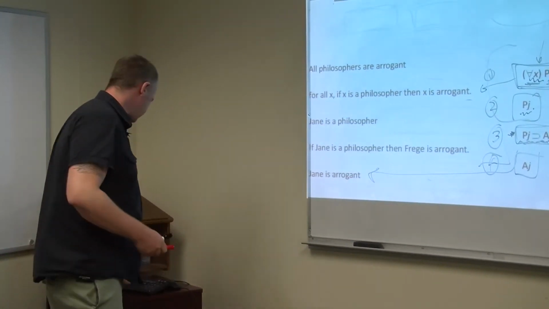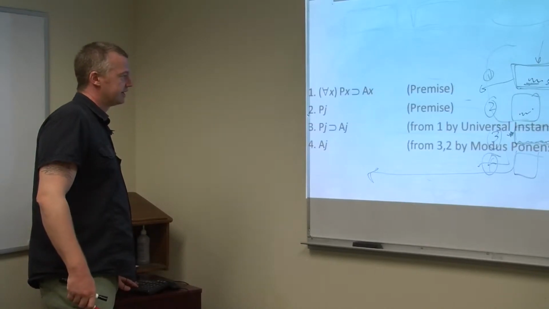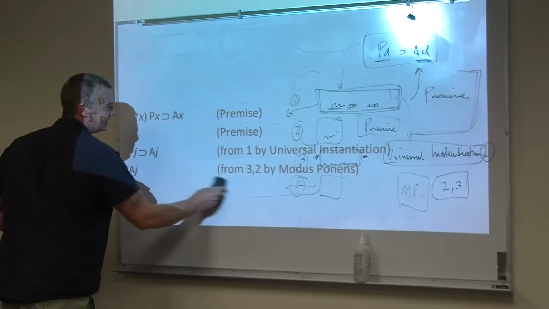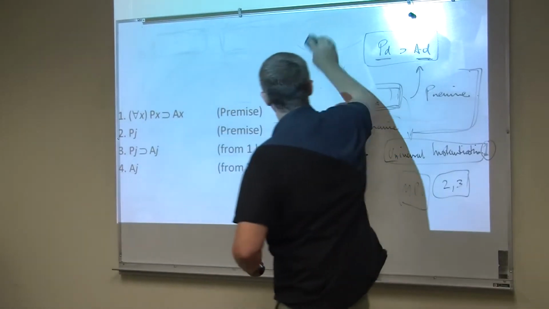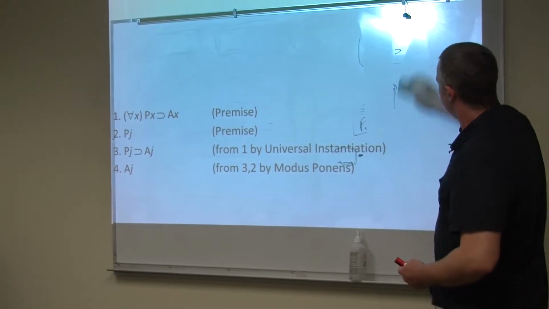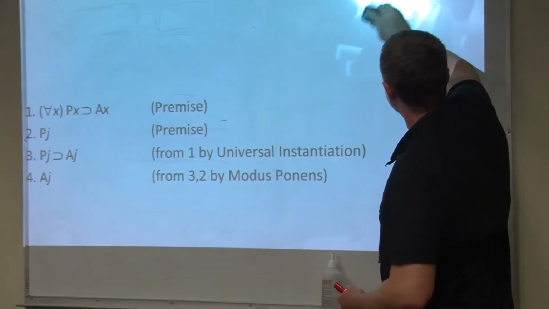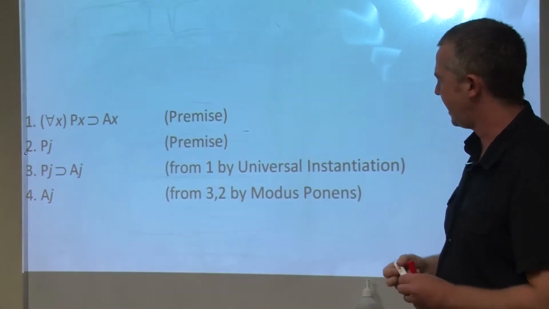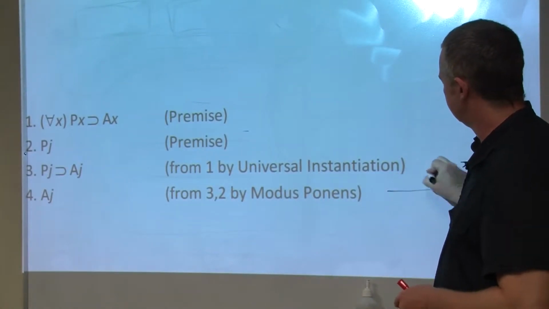But to begin with, I think you can see how this piece of reasoning works. So let's do it more cleanly here, just to review what we did. This is a direct proof that Jane is arrogant. How do we know that Jane is arrogant?